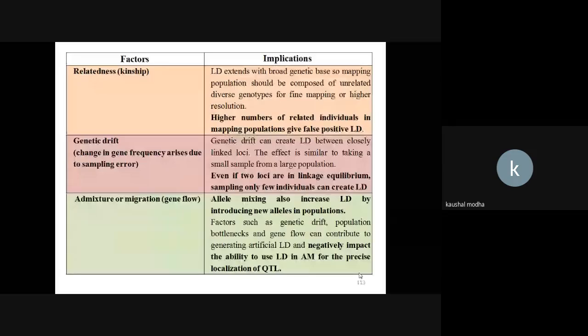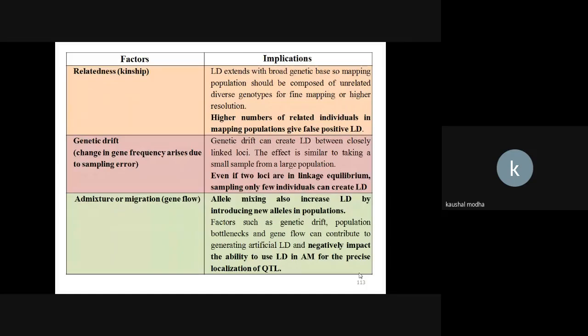It means that if from your germplasm panel you only choose 20 to 25 accessions for association mapping, you may find LD, but it will be false LD because of the sampling error. So the maximum number of germplasm lines must be utilized. Generally, it is 300 to 400 for association mapping.